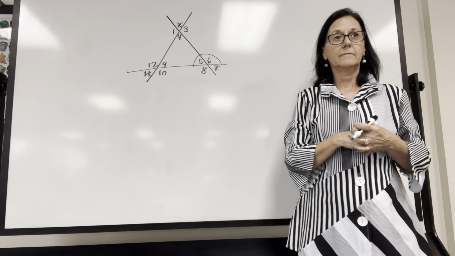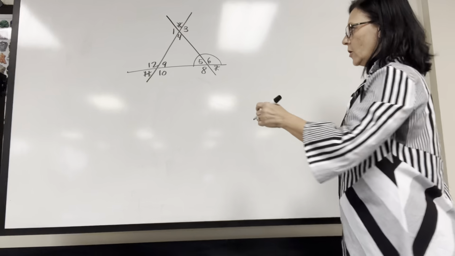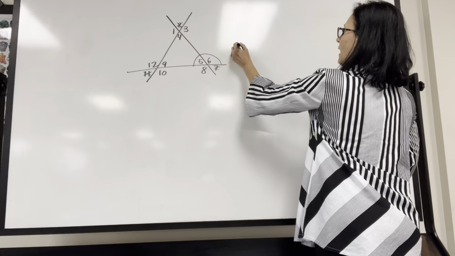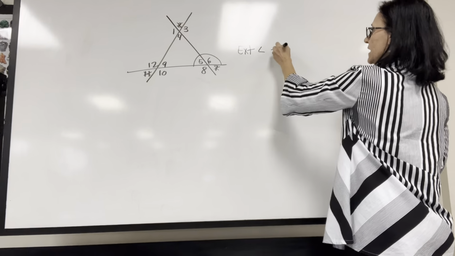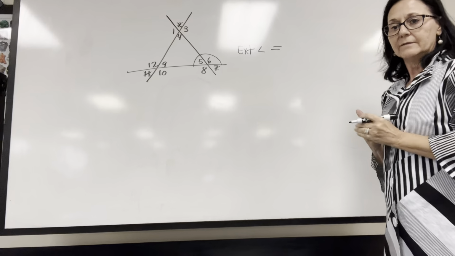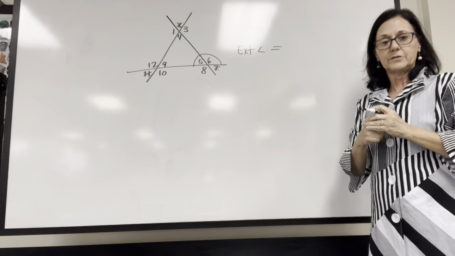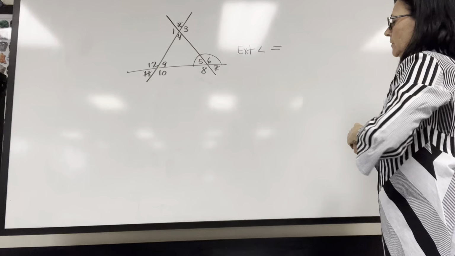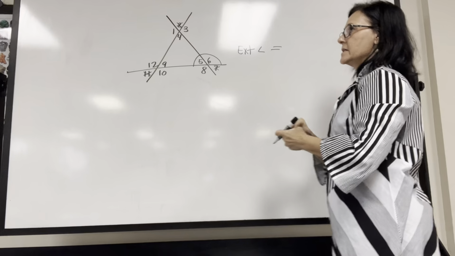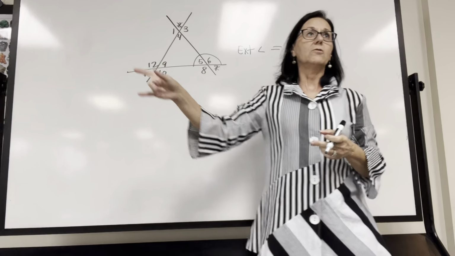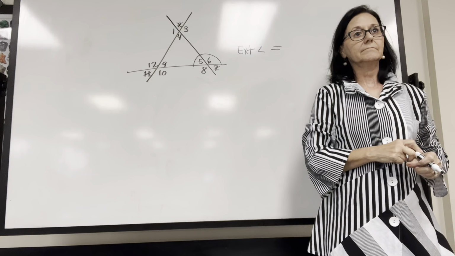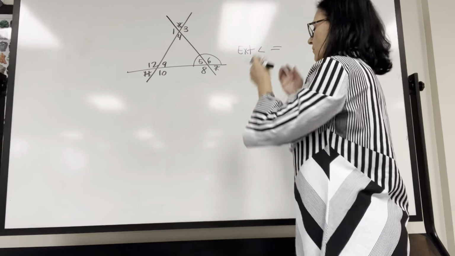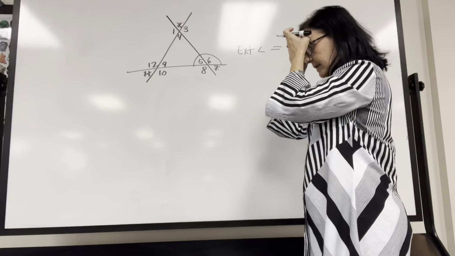Got it? But also, an exterior angle is going to equal, this is not in your textbook right now, so you probably should write this down, the sum of the angles that it's not a linear pair to. All right, so I'm gonna teach you something that's not in the lesson.